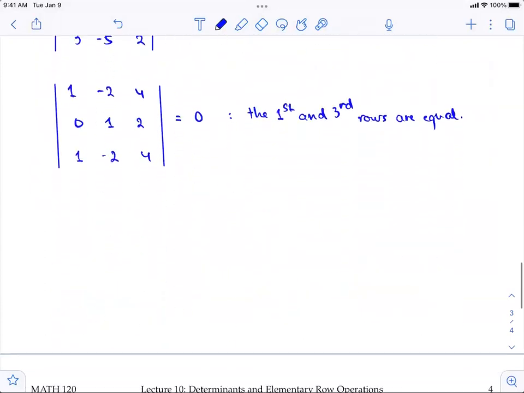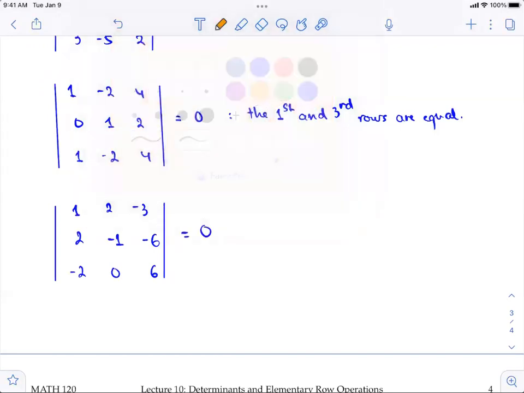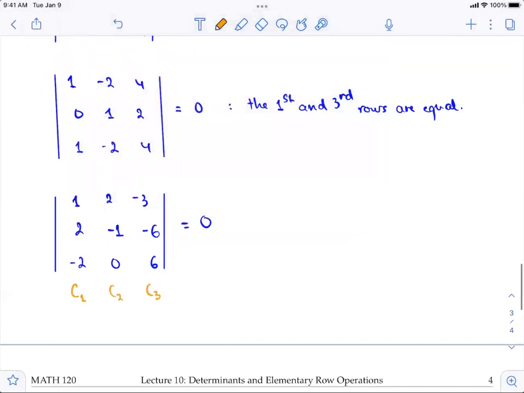Right, so for example, we have the following determinant to calculate: 1, 2, -3, 2, -1, -6, -2, 0, and 6. This particular determinant is also equal to 0, because this is the first column, the second column, and the third column.